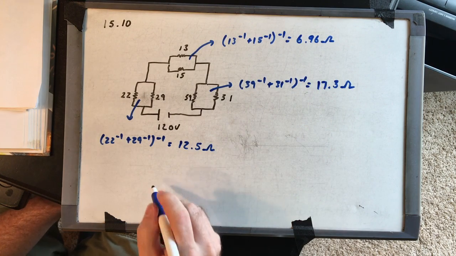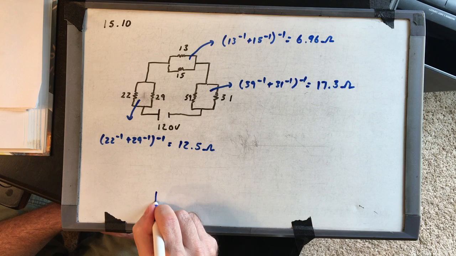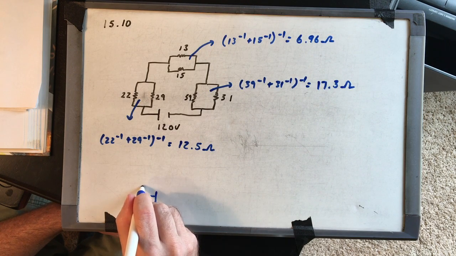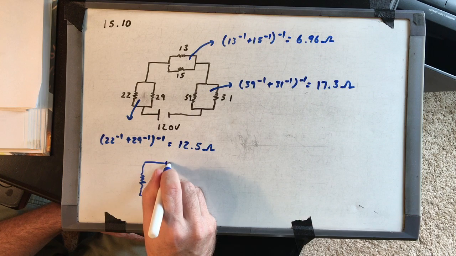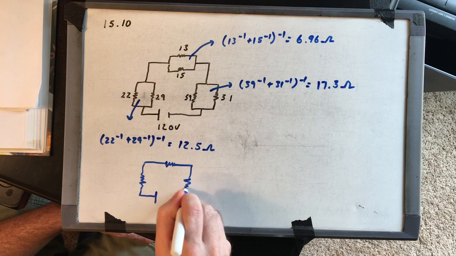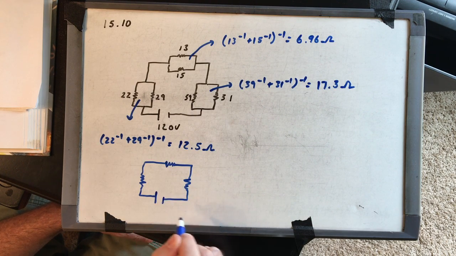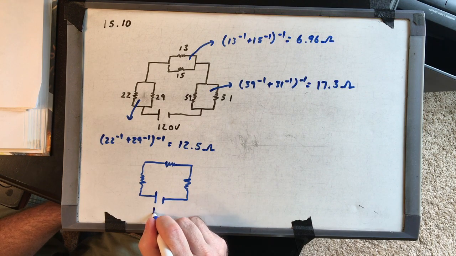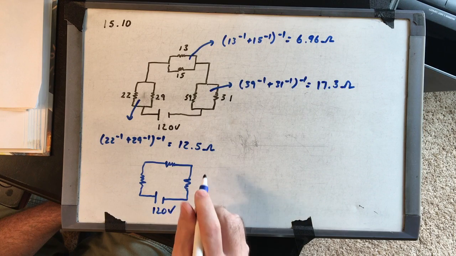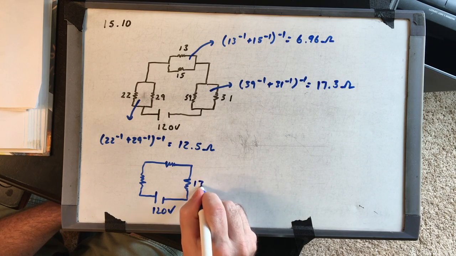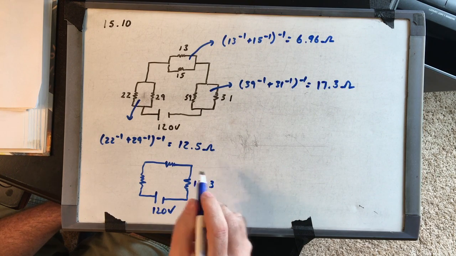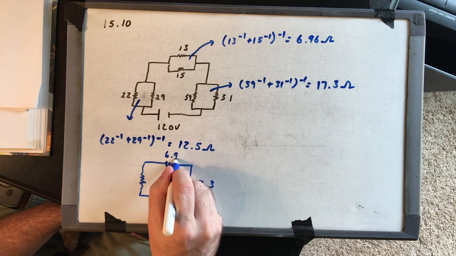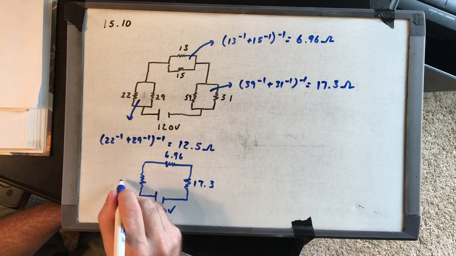So I could redraw that circuit with just 3 resistors in it. So still 120 volts. And I got 17.3 ohms, 6.96 ohms and 12.5.